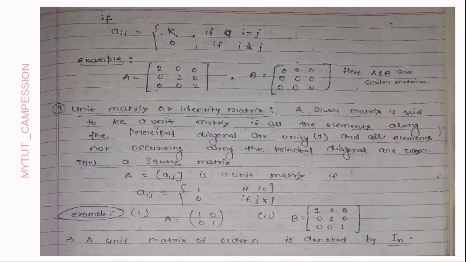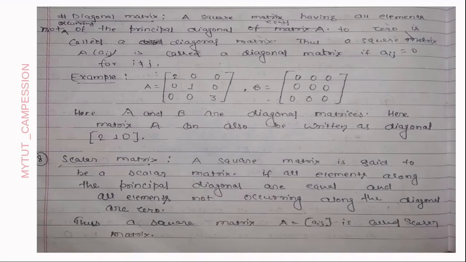That means when we have the principal diagonal elements of the matrix all equal, and all elements other than the principal diagonal elements are 0, it is a diagonal matrix.